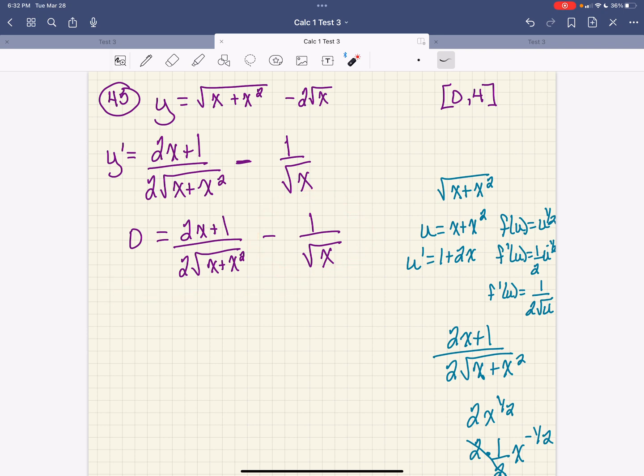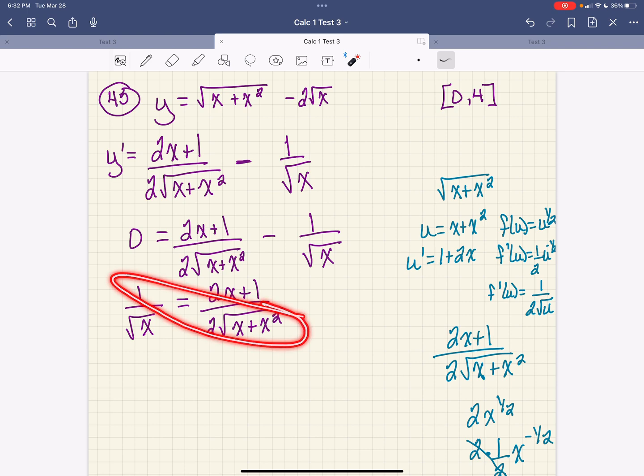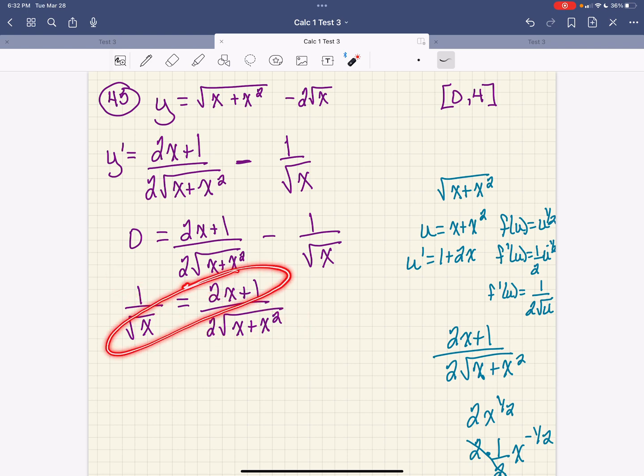So I'm going to end up with 1 over the square root of x. I have added 1 over the square root of x to both sides, equals 2x plus 1 over 2 on the square root of x plus x squared. Now what I've done is I've set up a proportion where I can cross multiply. So I am going to multiply this together, and then multiply this together.